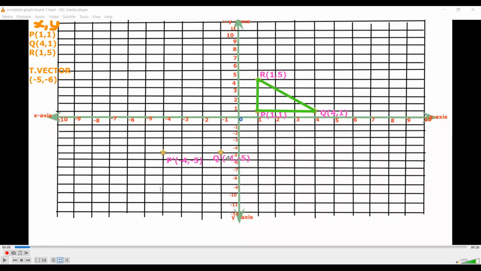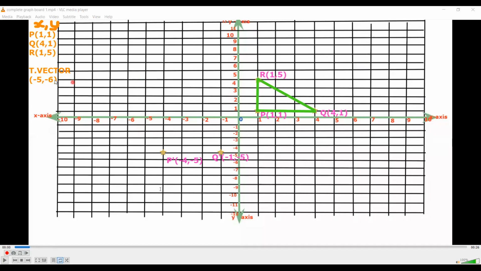Let me put this one in. Okay, see it well. Now with the point R, we are going to move the point R by the same translation vector, 5 left and then 6 down. So when you are here at the point R, the left side is here.